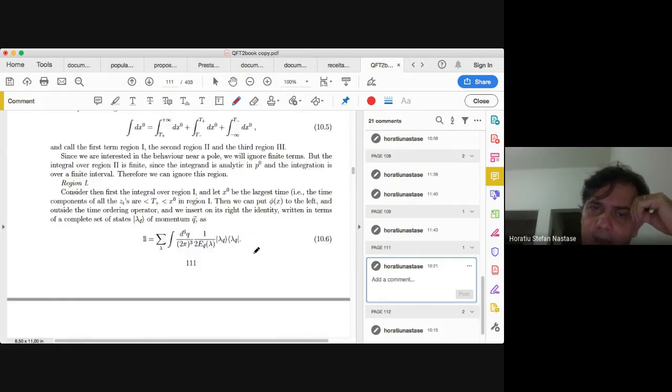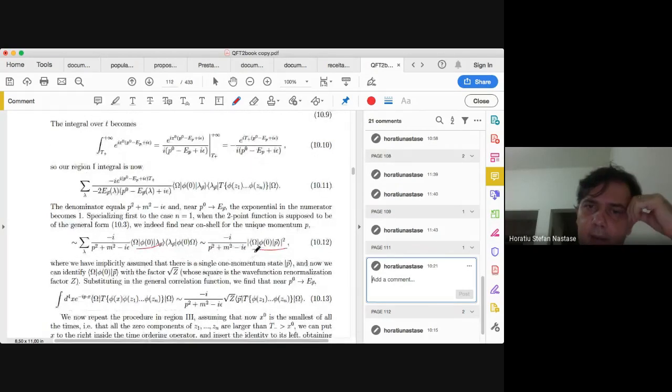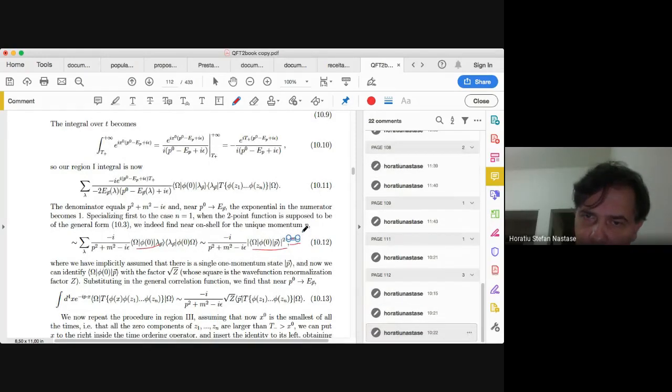So that means that this factor now must be equal to z. All right, so if the absolute value squared of this is equal to z, then this omega phi of 0 lambda p is equal to square root z.